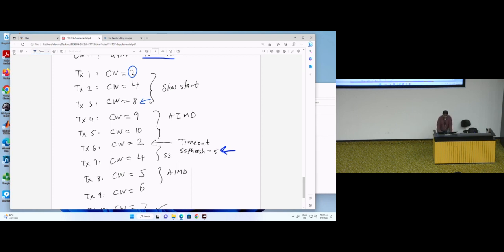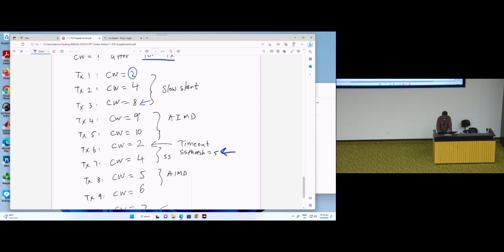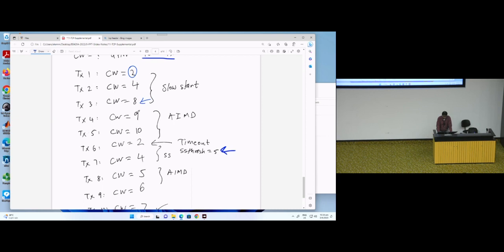Notice that when I say transmission 1, 2, 3, this is after every RTT. So transmission 4 happens, and the congestion window goes from 8 to 9 because we're in AIMD. Then timeout happens on the 5th transmission. So we go 9, 10.